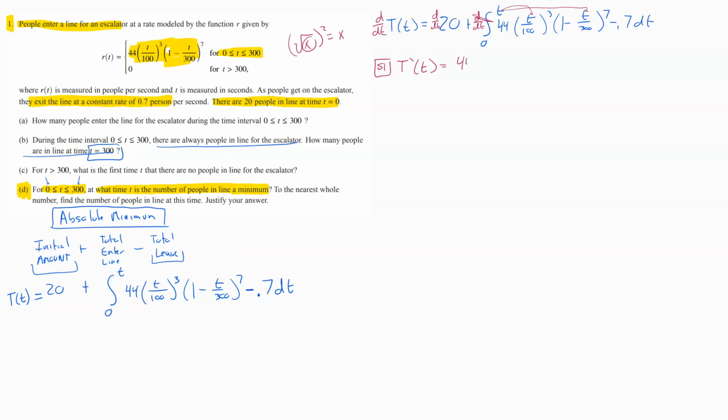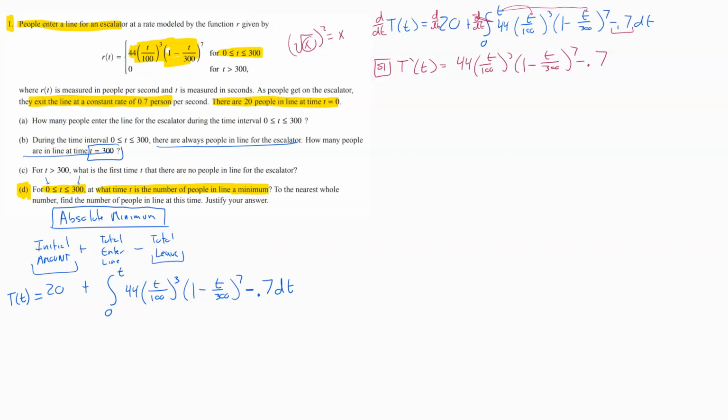So this would be 44 (t over 100) to the third times (1 minus t over 300) to the 7th. Then this is still a part of the antiderivative here, so it doesn't go away, but it doesn't have a t, so it's just going to sit there at minus 0.7.